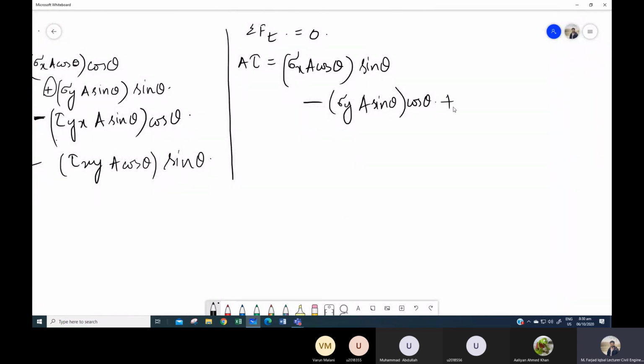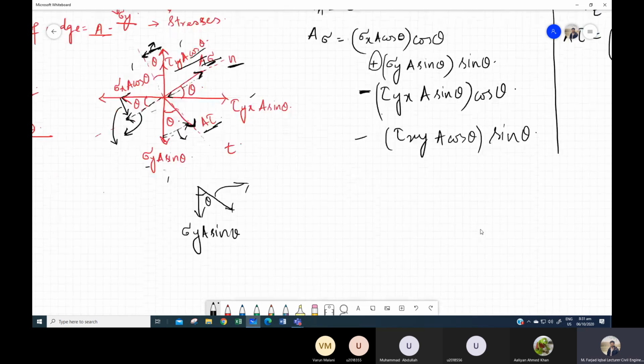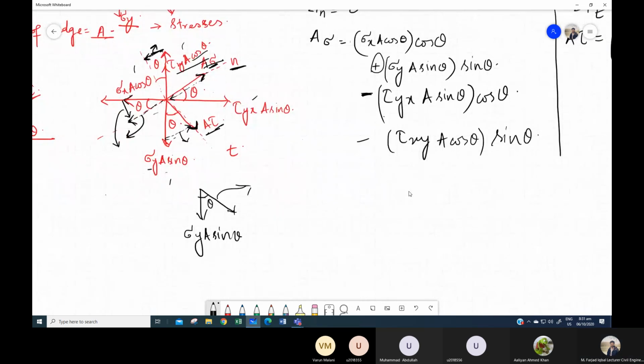Then why did the negative sign come? Which one? Sir, the sign of the sigma y component, sorry, the cos component. No, yes, it is. It should be positive. Wait, let me see.